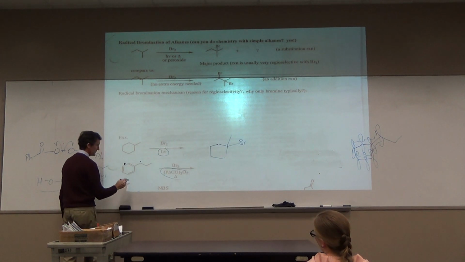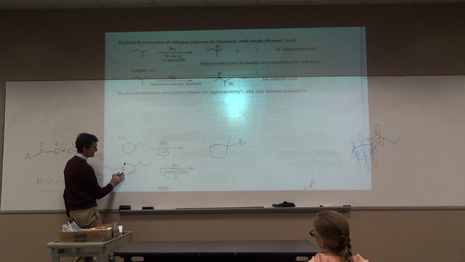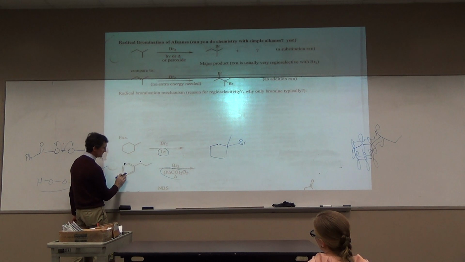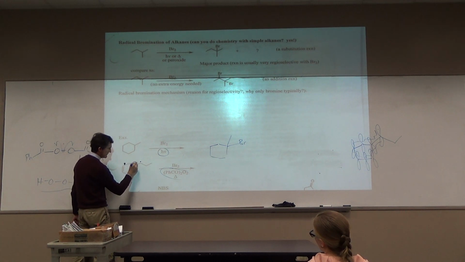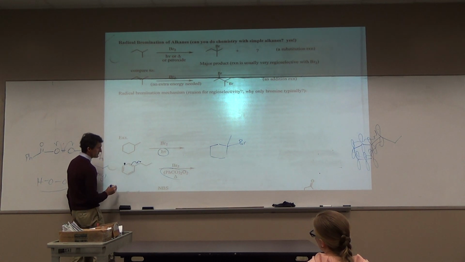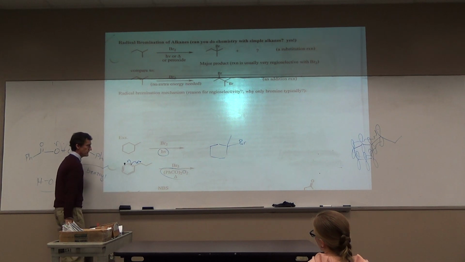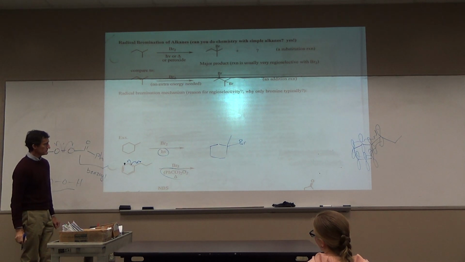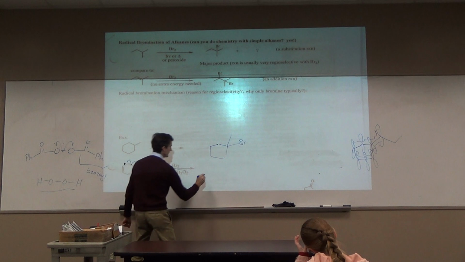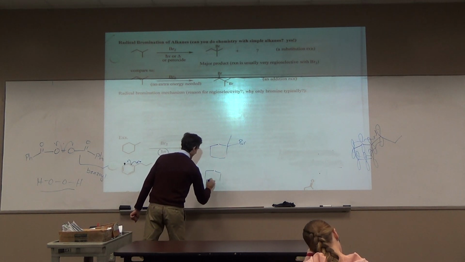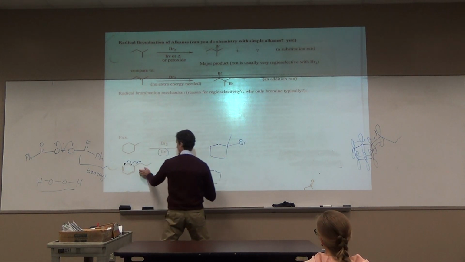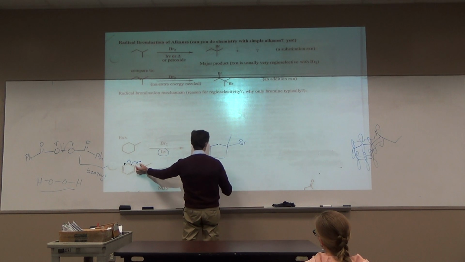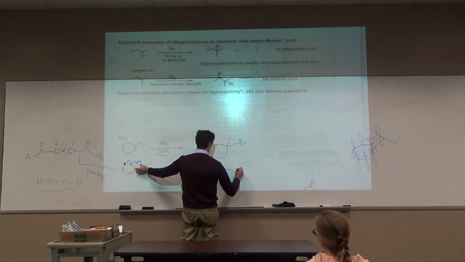Okay, we can draw resonance structures. How do we do that? We've never done resonance structures of radicals. One of these electrons can come here and team up with that one. The other electron can come here. And that electron movement will give, what are we doing? We're teaming up between here to make a pi bond here.